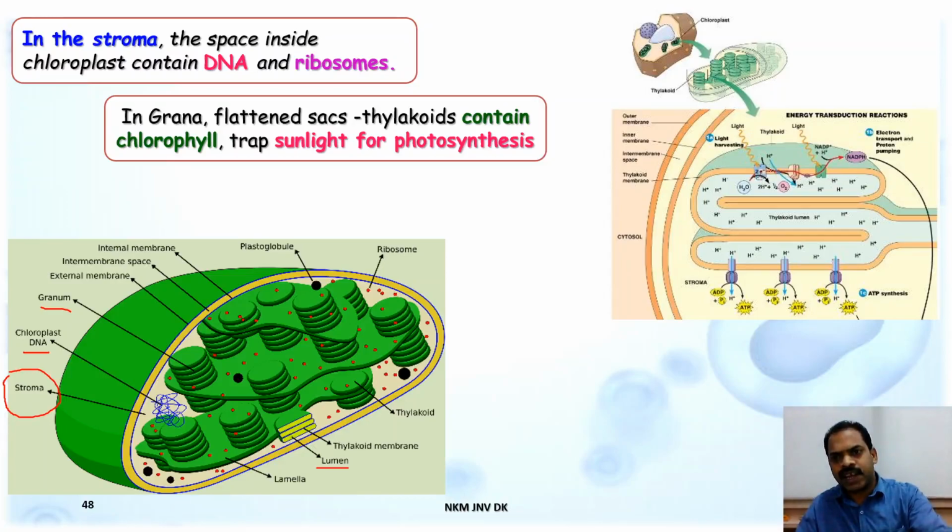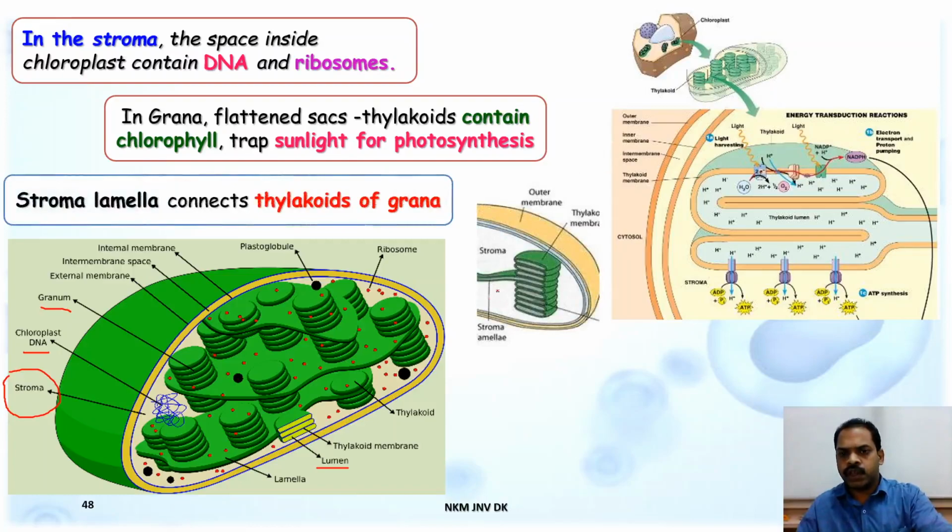In the thylakoid membrane, we have this chlorophyll where the light is trapped to produce energy, where the light is used to split water into hydrogen and oxygen. So what a fantastic technology has been made to do photosynthesis. Only plants can do that. So that is the structural peculiarity of chloroplast.